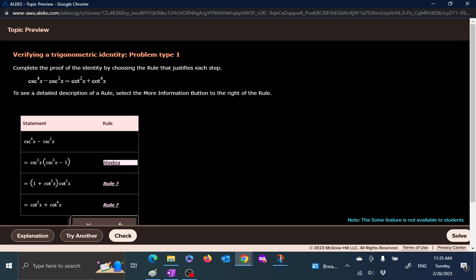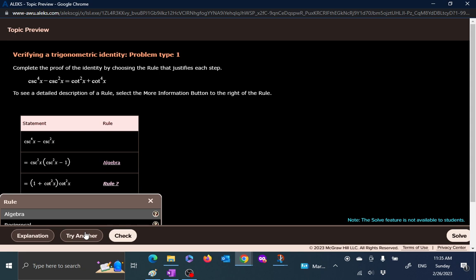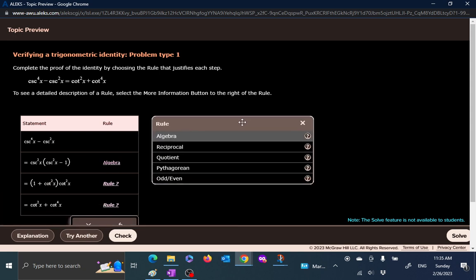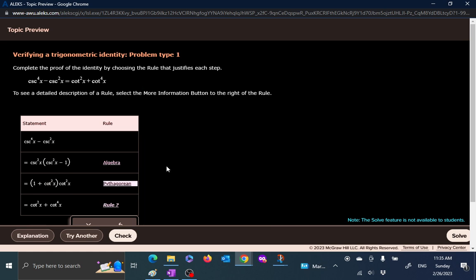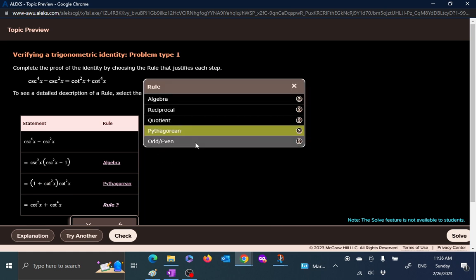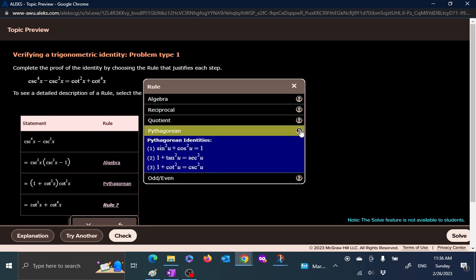Now, instead of cosecant squared, we can write 1 plus cotangent squared. Which rule is that? Well, that is the Pythagorean identity. Let's look at the Pythagorean identities here. What are the Pythagorean identities?